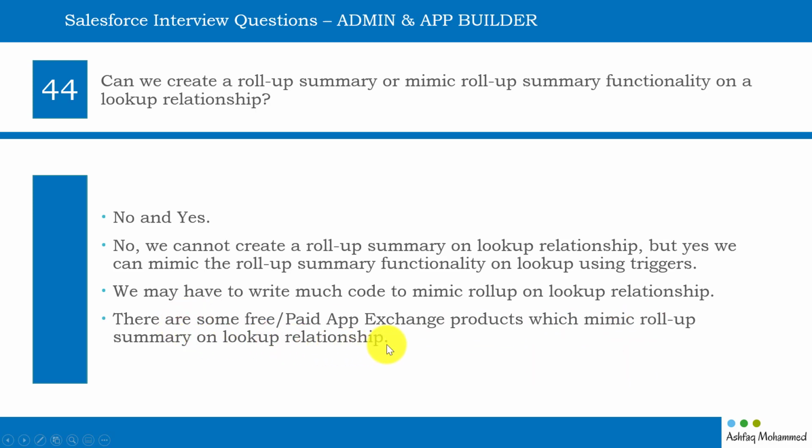So you just have to install it, do some configuration settings, and then it will automatically roll up. You can still show the roll-up from the child objects even on a lookup relationship.